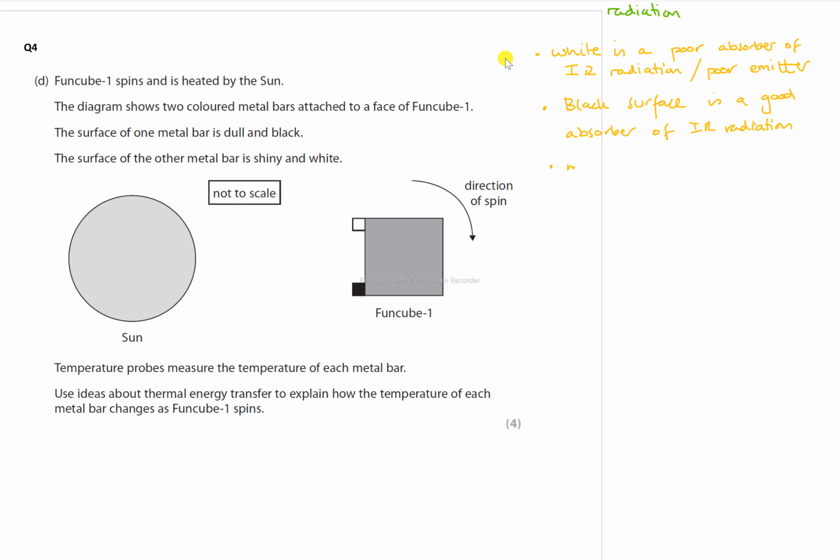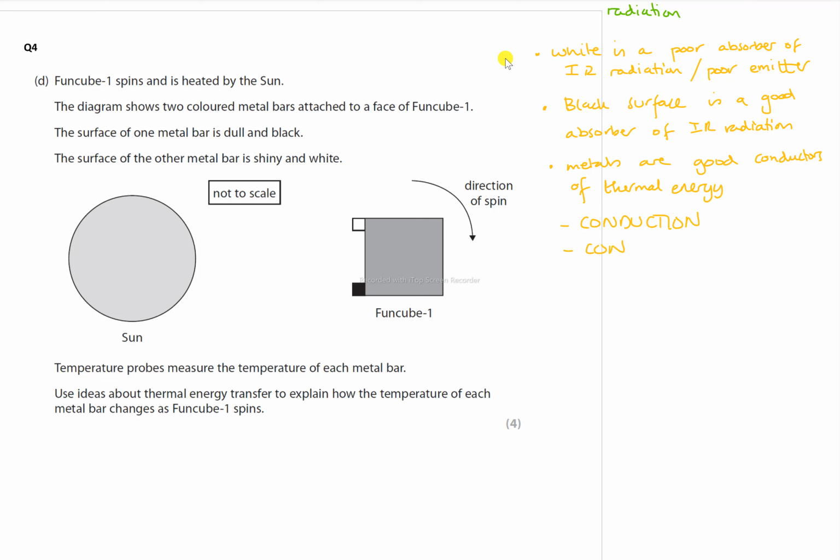Right, we can say metals are good conductors of thermal energy or heat energy. Remember, you've got conduction, which happens in solids.